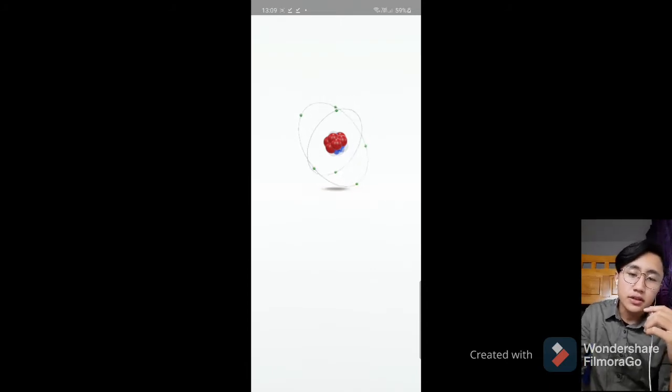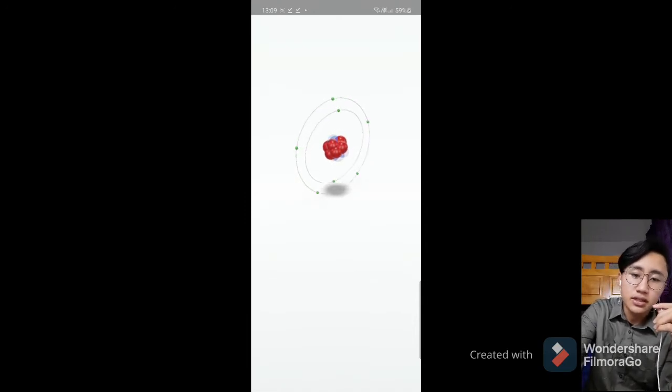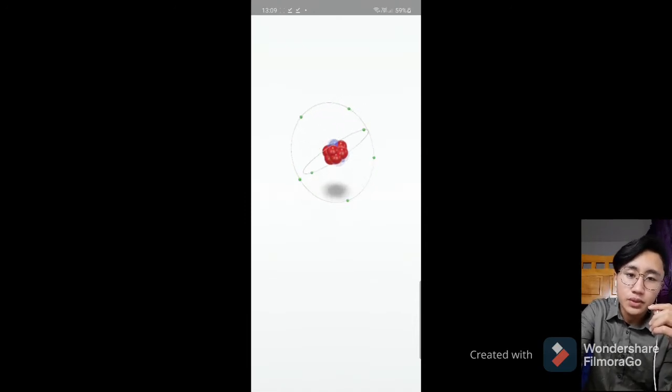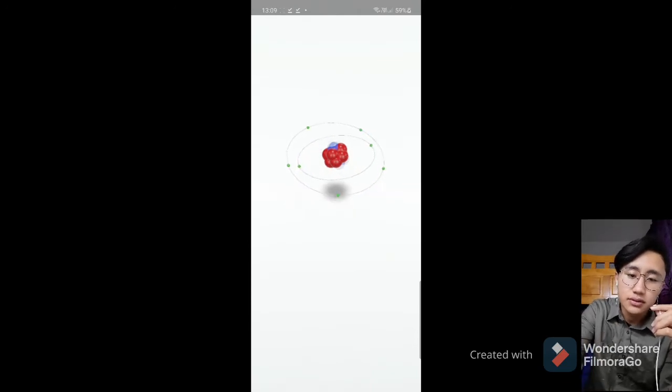We can see the nucleus is in the middle, at the center, and at the first shell there are two electrons, and at the second shell there are 5 electrons, which gives it 5 valence electrons.